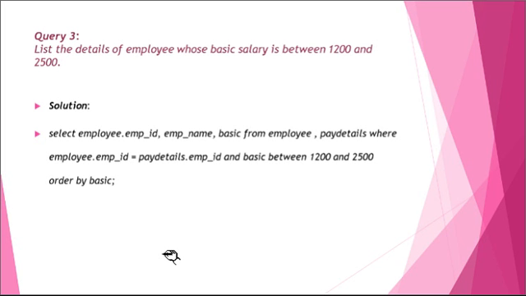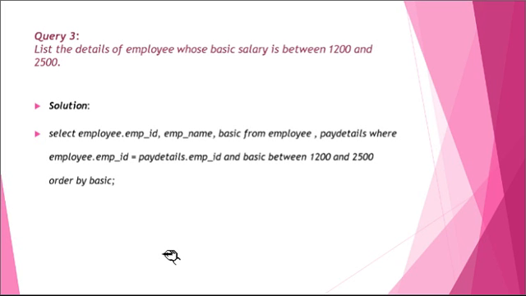Where employee.employee ID will be equal to pay detail.employee ID, and I want the between constraint because I want a particular range. So I have written: and basic between 1200 and 2500, basic being my column.